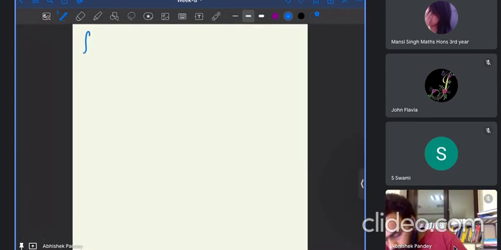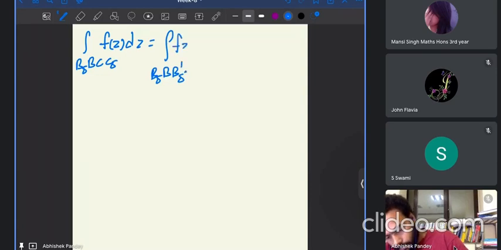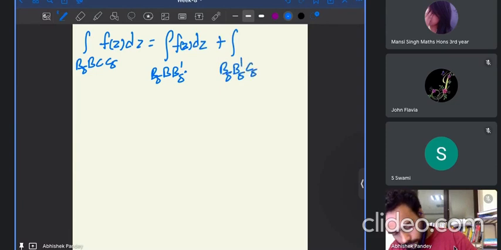Now let us calculate what is the integral over B delta, B, C delta of F(z) dz, which is nothing but the integral over B delta dash of F(z) dz plus the integral over B delta dash, C delta of F(z) dz plus the integral over C delta dash, C of F(z) dz.